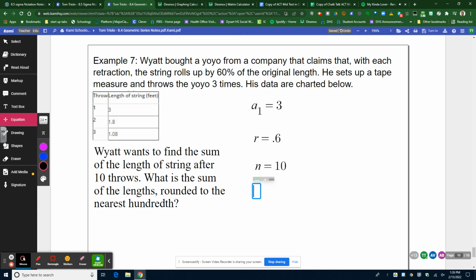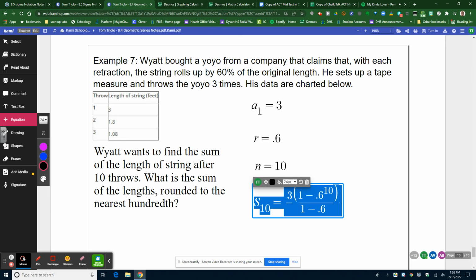So S sub 10 equals fraction bar, A1, which is 3, times 1 minus 0.6 raised to the power of 10, all over 1 minus 0.6.